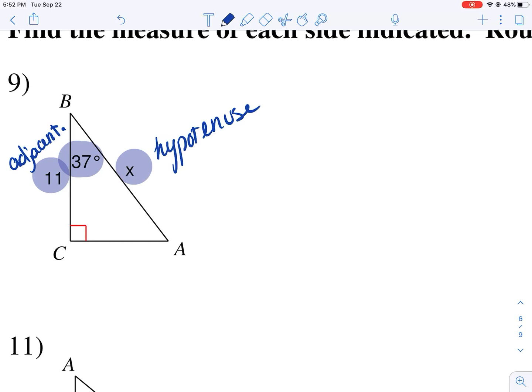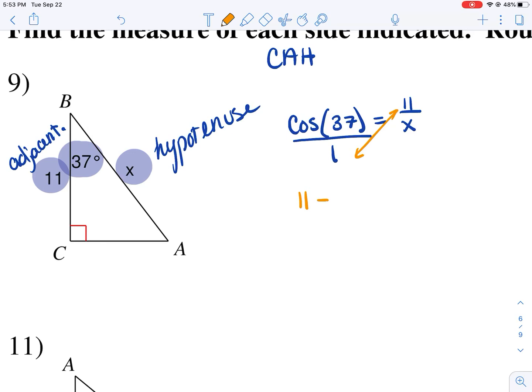So if we have the adjacent side and we're looking for the hypotenuse, we need to use cosine, all right? So cosine of, remember it's always of your angle, so the cosine of 37 is equal to the adjacent side, 11, over the hypotenuse, which is x. Now, what I usually do to make this simplest on myself is I'm going to put cosine of 37 over 1, and I'm going to use cross multiplication to solve.